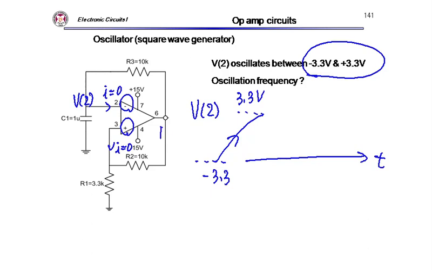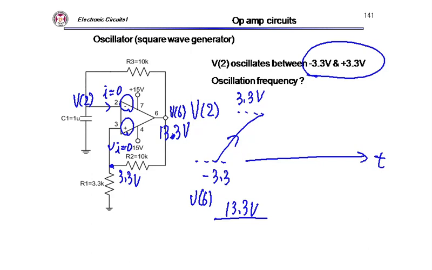Oh, okay, this is 13.3 volt, okay? Yeah, at this state, my V6 was 13.3 volt, right? And this voltage is 3.3 volt, okay?